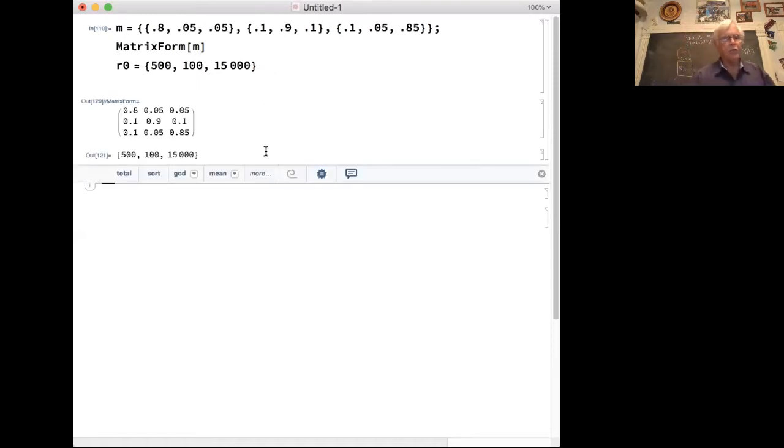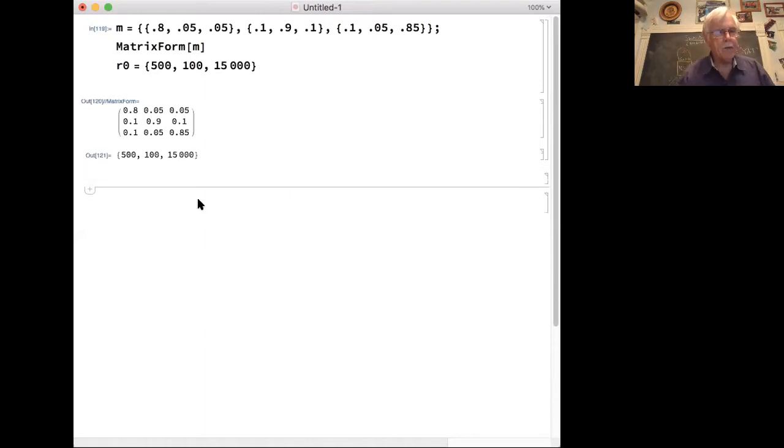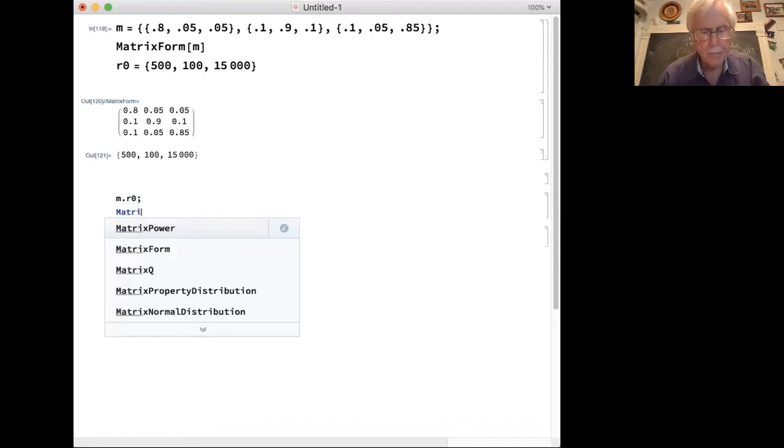Okay, so this is just this information. Let's see what M times R0 is. So this represents what happens, the transition after a year. And I want to look at the matrix form of that.